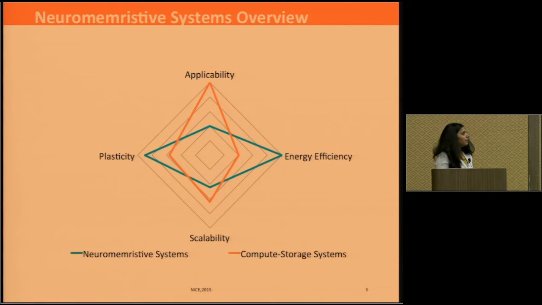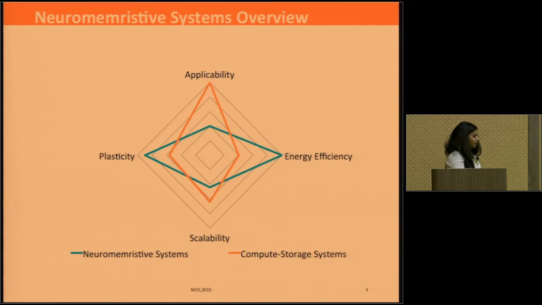So if we really have to compare where these kinds of systems shine compared to traditional conventional compute storage systems, I do not have exact numbers. This is based on more of the different applications we have looked at, and I think it is something this community really requires, to have benchmarks in this spectrum.